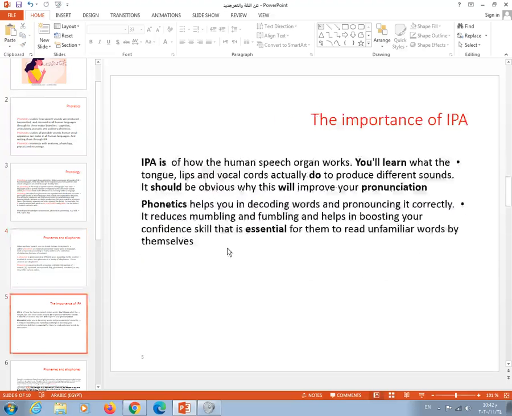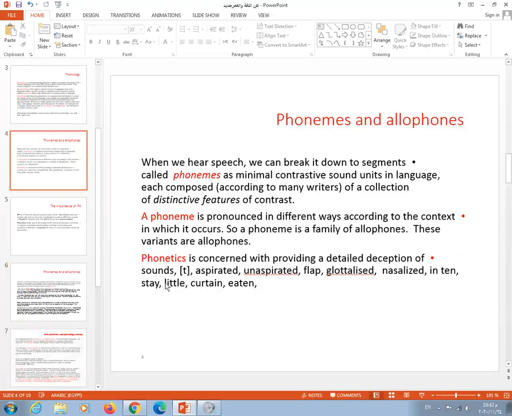Phonetics is concerned with providing a detailed description of all forms of a phoneme, of allophones.